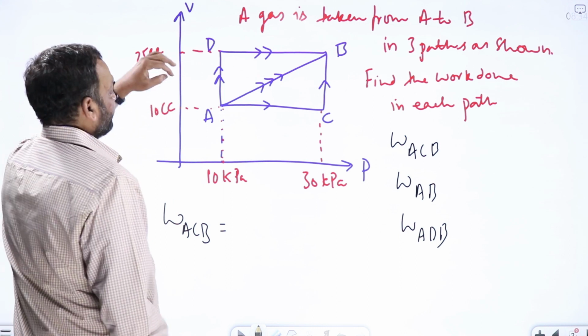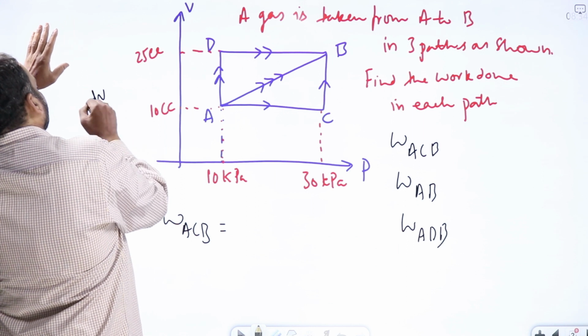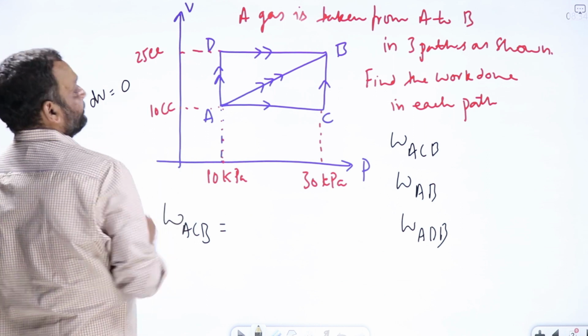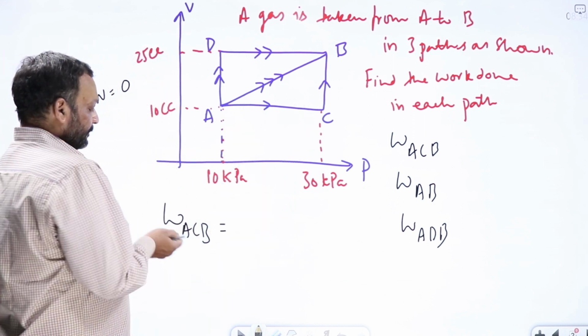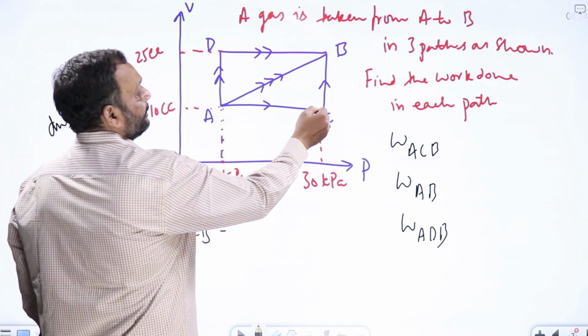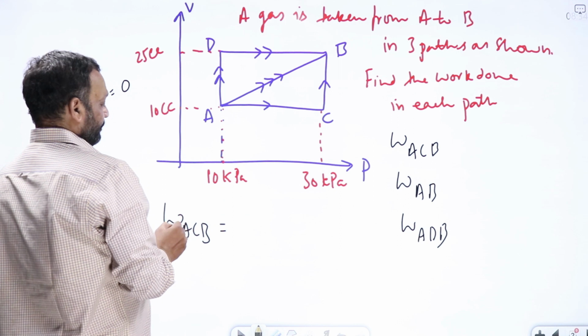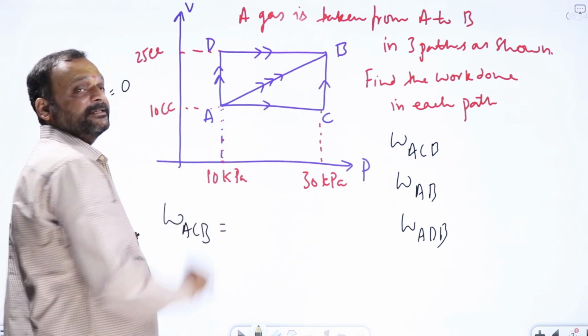When volume is remaining constant, change in volume dV equal to 0, or work done dW equal to PdV will be equal to 0. So in going from A to C, the gas is not doing any work. So W ACB is nothing but the work done in taking the gas from C to B only, because W AC is anyway 0.